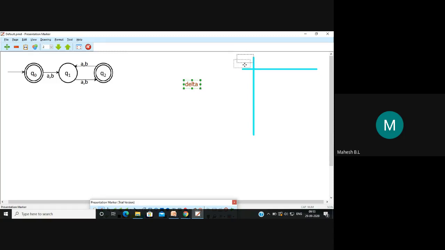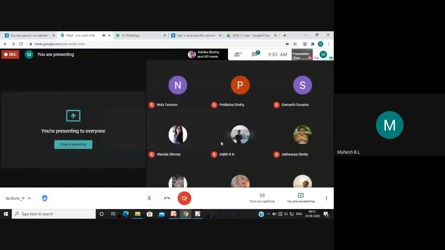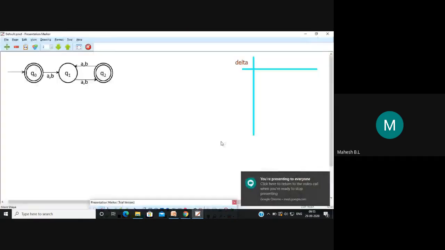This is nothing but the transition table. Transition is represented by the symbol delta.